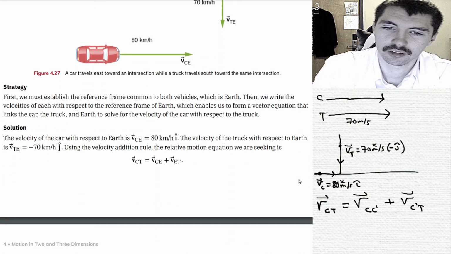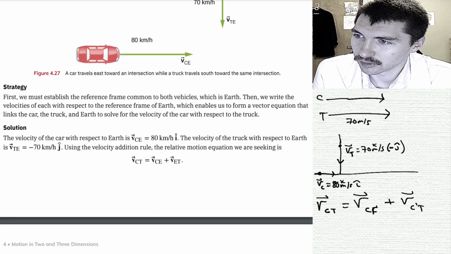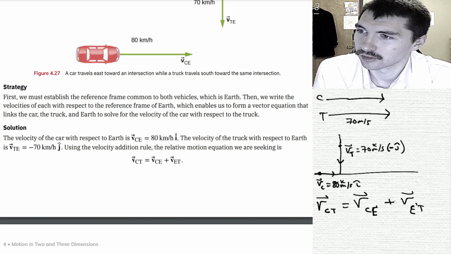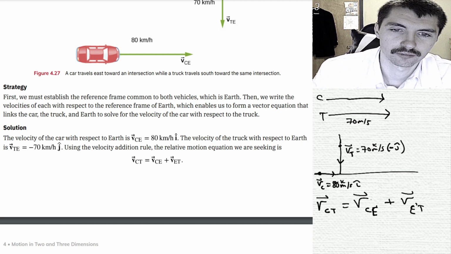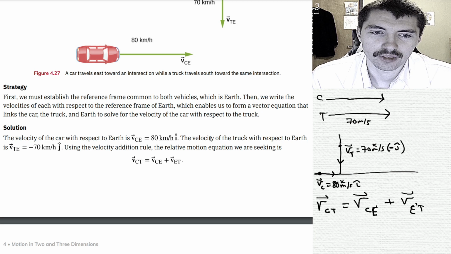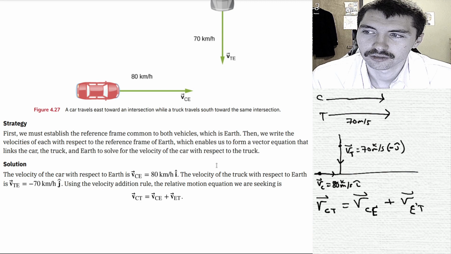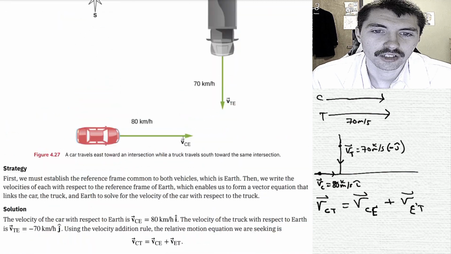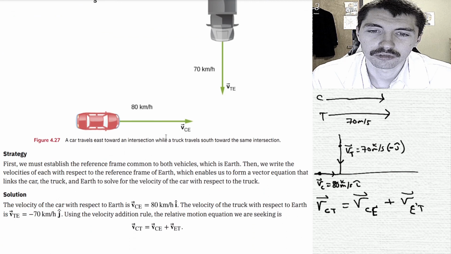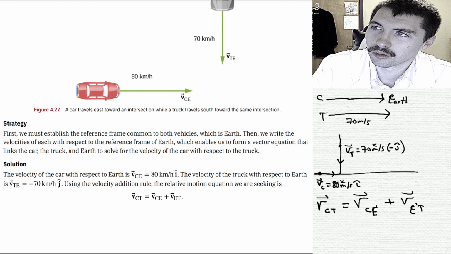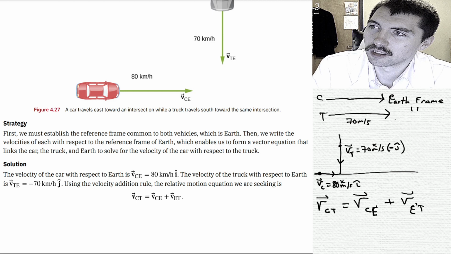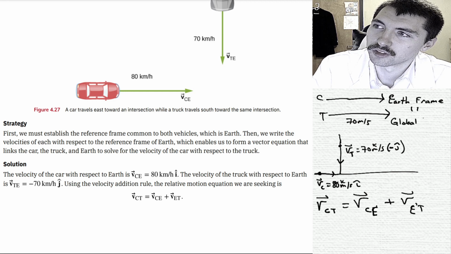Okay, so not quite. They're doing Earth. Okay, so easy enough. So you can see how these match. The velocity of the car with respect to the Earth is 80. Okay, so how do we get that? When we're saying we're in the Earth frame, it's really like a global frame.